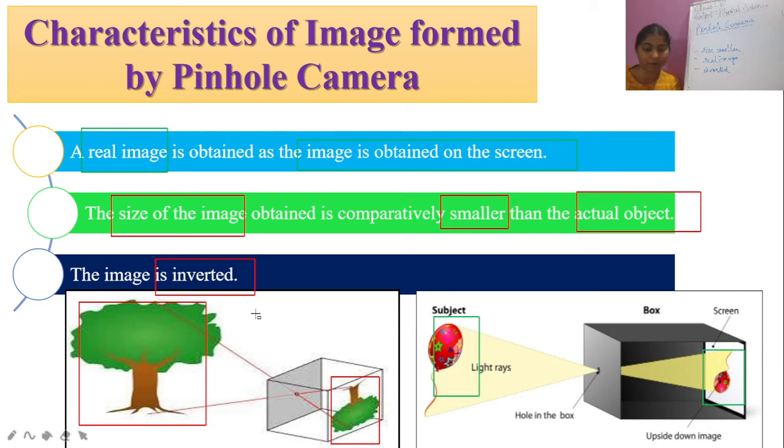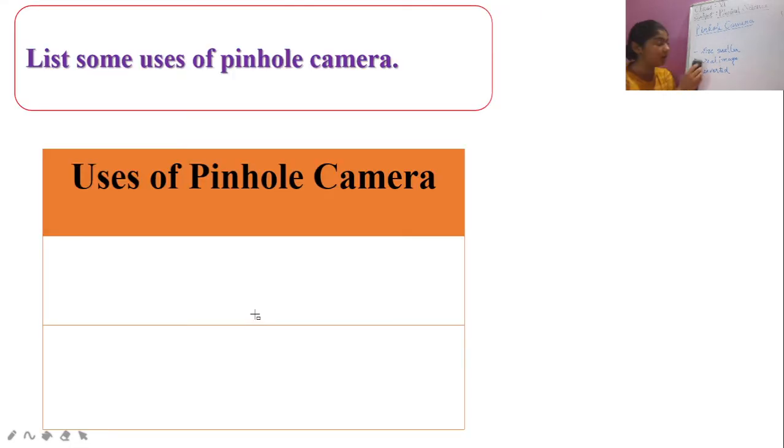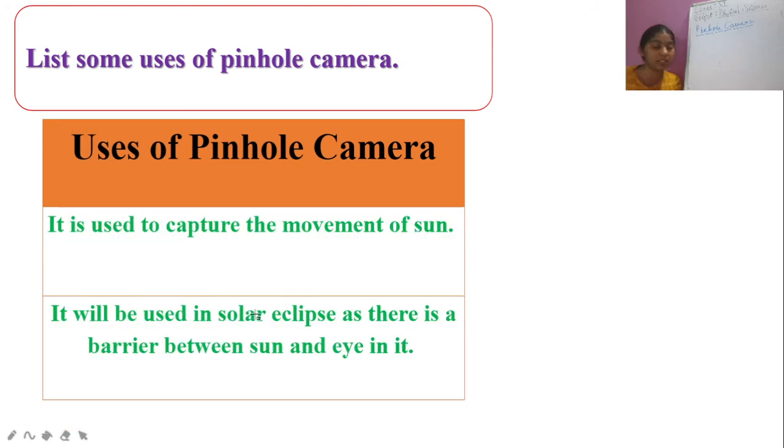Okay, now students, you have to list some uses of a pinhole camera. Where do you see these types of pinhole camera? Have you ever seen, during the summer time on such a hot day, the tree leaves giving us such a pattern? Yes, let me show you. So these are the uses: it is used to capture the movement of the sun.